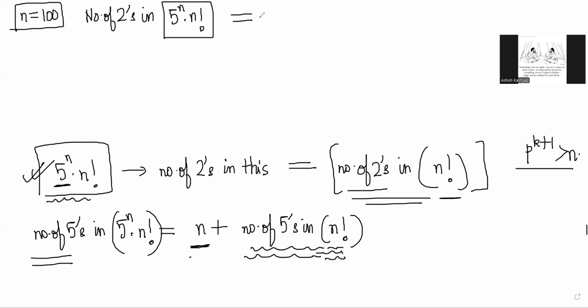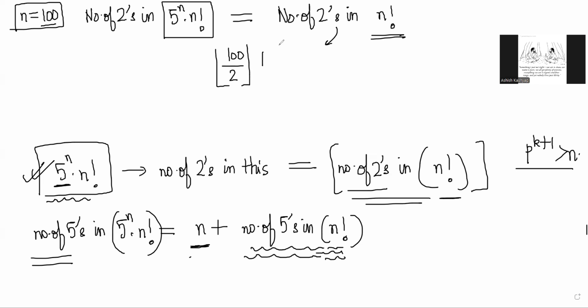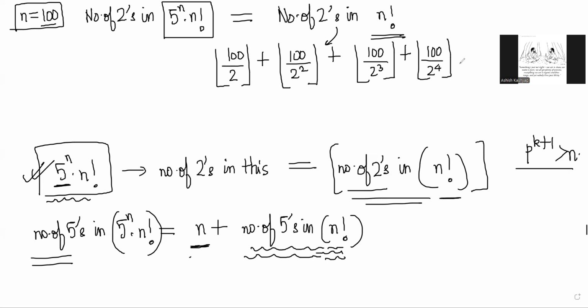Now this should be equal to the number of twos in n factorial. We have understood that, and therefore that will come by doing this formula. N is 100, so it will be 100 by 2 floor plus 100 by 2 square plus 100 by 2 cube plus 100 by 2 power 4 plus 100 by 2 power 5 plus 100 by 2 power 6.